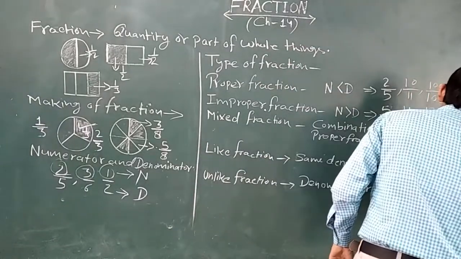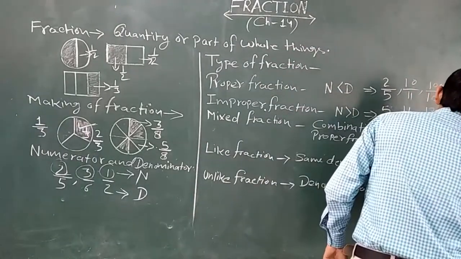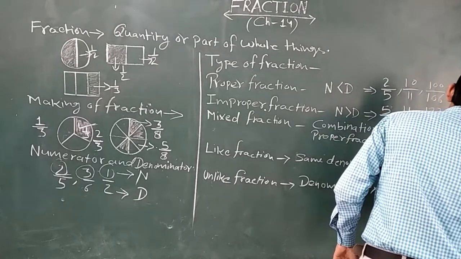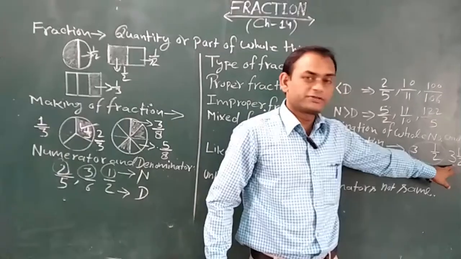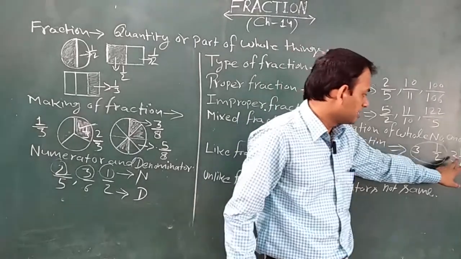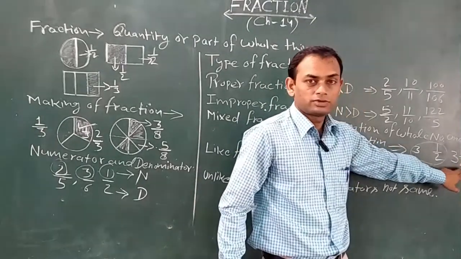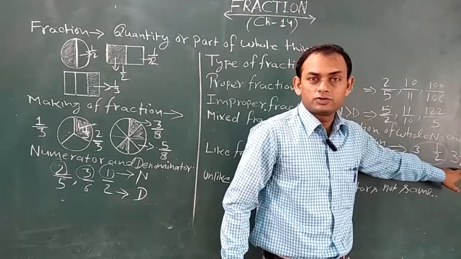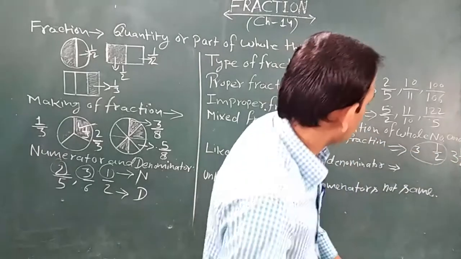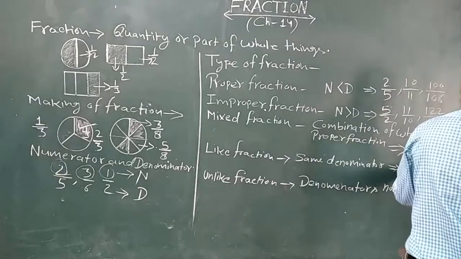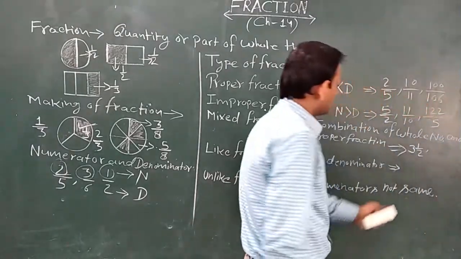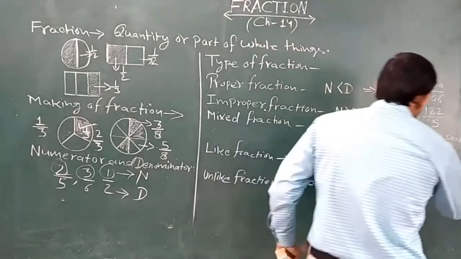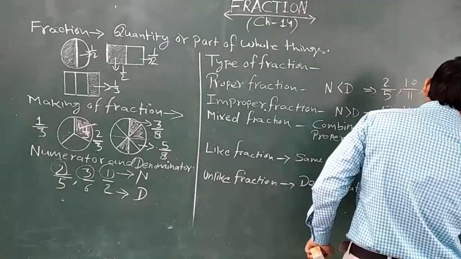If we write it together, we will find it like this: 3 whole 1 by 2. This is called the mixed fraction. It is read as 3 whole 1 by 2. Now I am writing some mixed fractions here, like 3 whole 1 by 2. This is a mixed fraction. 1 whole 1 by 2.